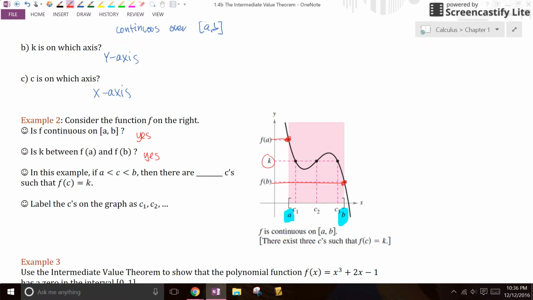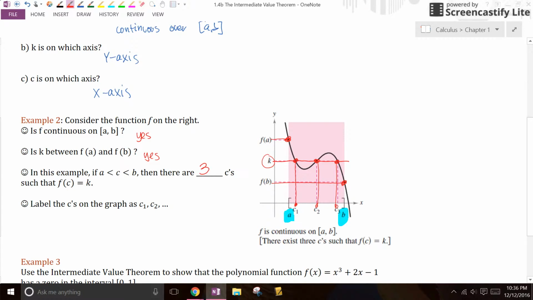And that's the part I wish I wouldn't have labeled. I wish I would have made you go through and go, well, here's k, and it hits here and here and here. So there are 3 c's, right? 3 x values that would give us that k value. All right. And then I would label those c values. I would come down and say, all right, this is c1 and this is c2 and this is c3.